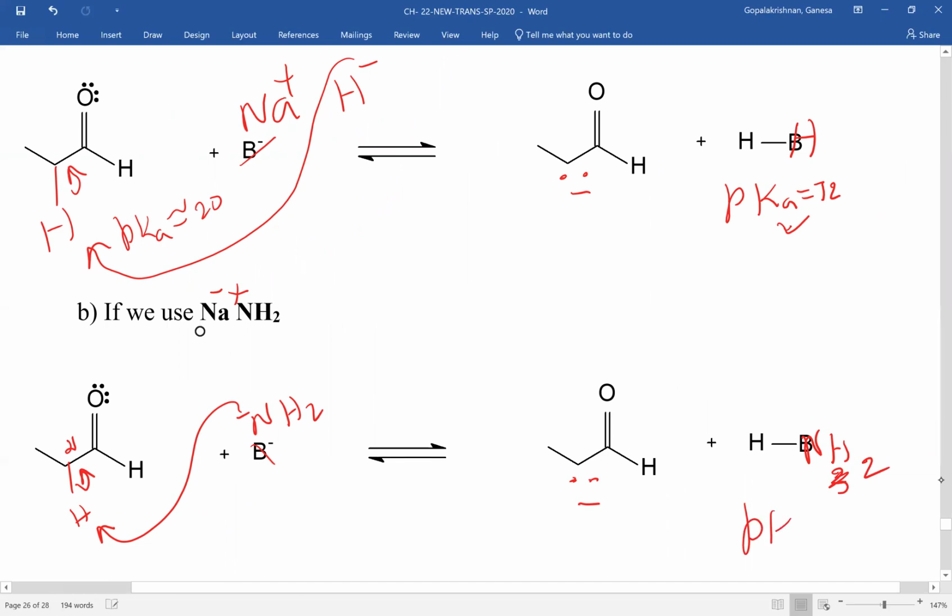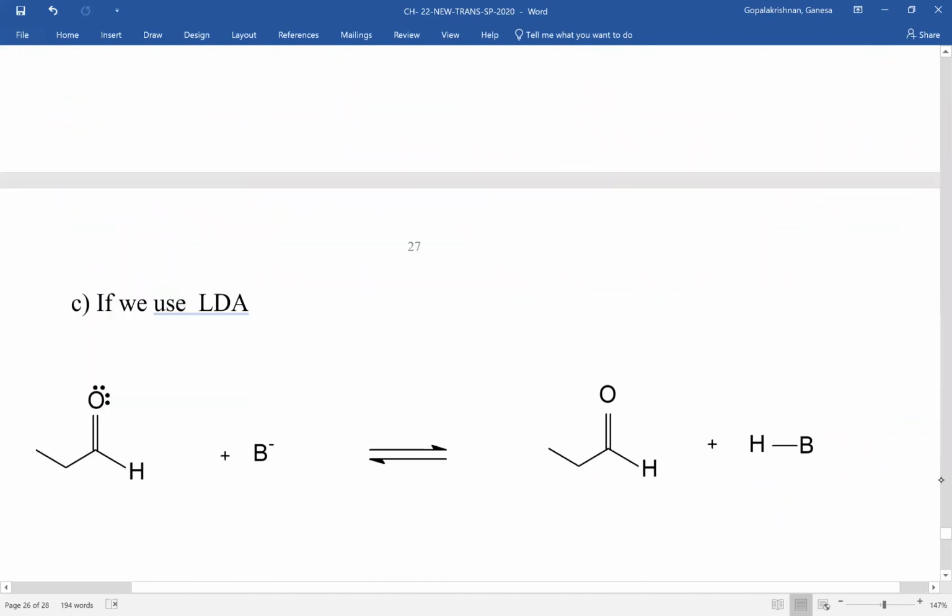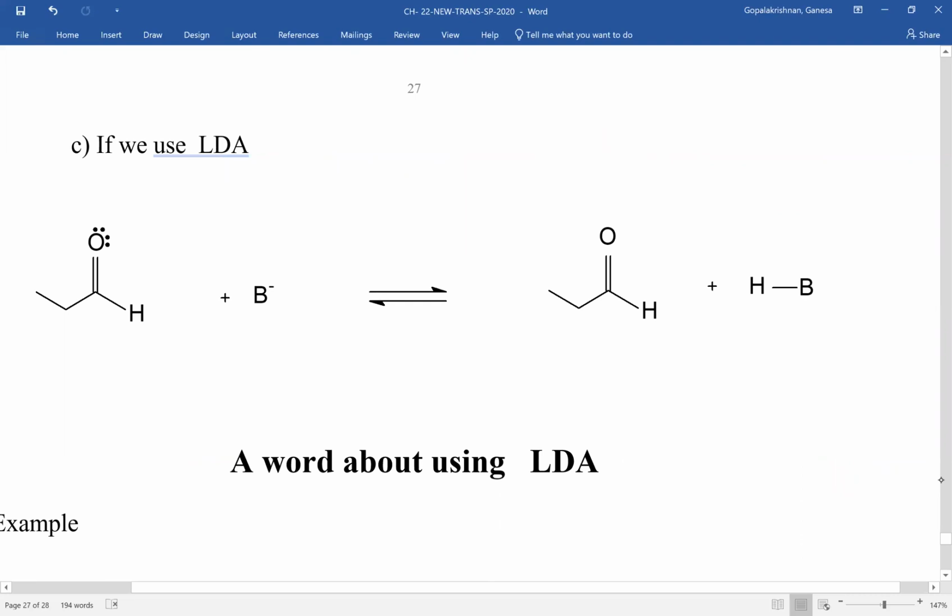Its pKa is 36. So this is a much weaker acid than the aldehyde. So this reaction will happen. If you use LDA, in LDA you have two isopropyl groups.